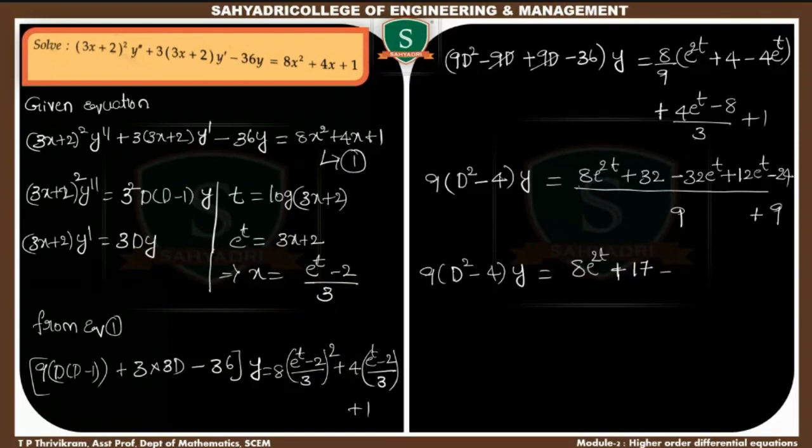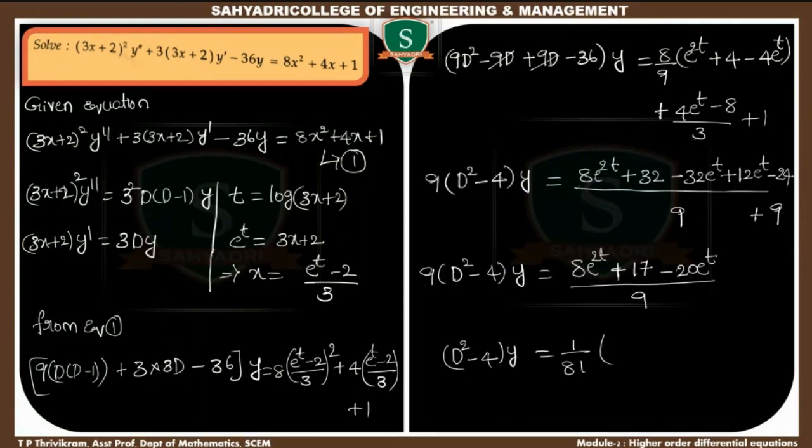It is minus 20 e power t divided by 9. Okay, I am sending this 9 also this side. So I'll get d square minus 4 into y is equal to 1 by 81 into, because this 9 into this 9, 9 9s 81. 8 e power 2t minus 20 e power t plus 17.